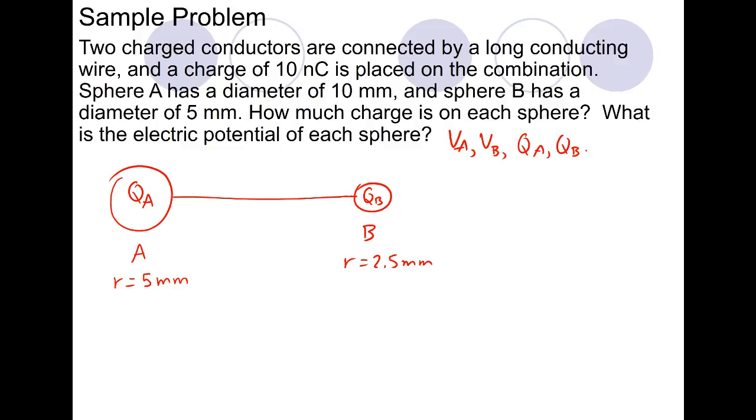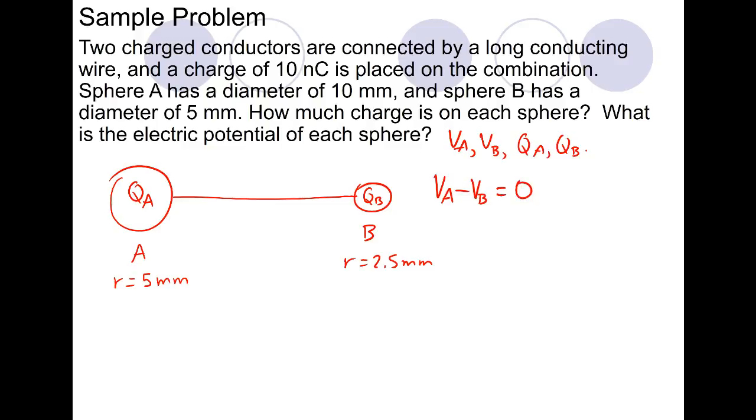Okay, so what do we start with? Well, if this is a conductor and it's connected by a conducting wire, then VA minus VB is going to be equal to 0.